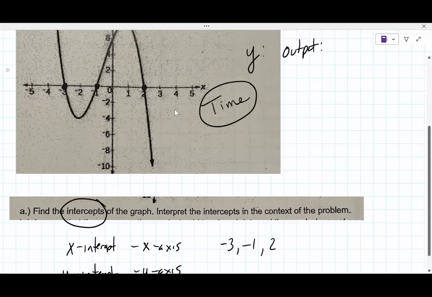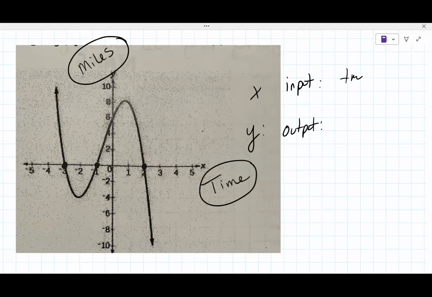What is the y-intercept in this problem? The y-intercept is miles. No, the units is miles. What's the y-intercept? Where is it crossing the y? Right up there. That's a straight line up there.